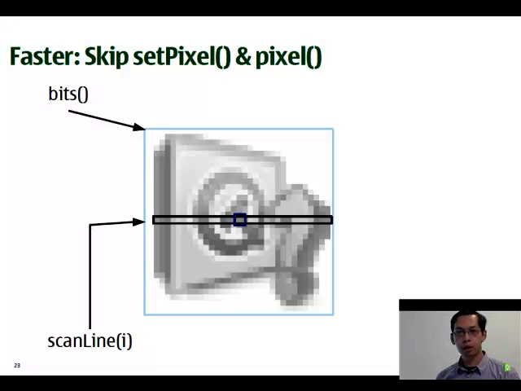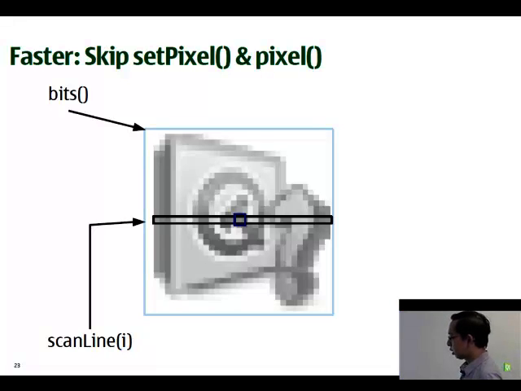If using bits is a bit cumbersome, then you can also use scanLine, because scanLine takes the parameter i, which is the row from the top. So if you call scanLine with, say, 5, then it returns the pointer to the color of the first pixel at the 5th row.